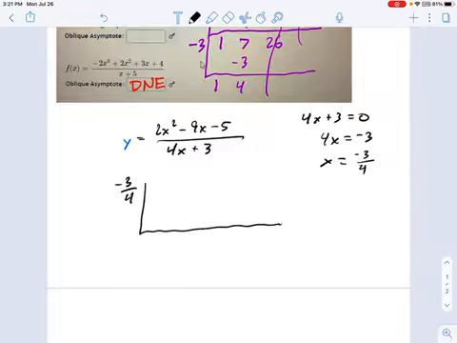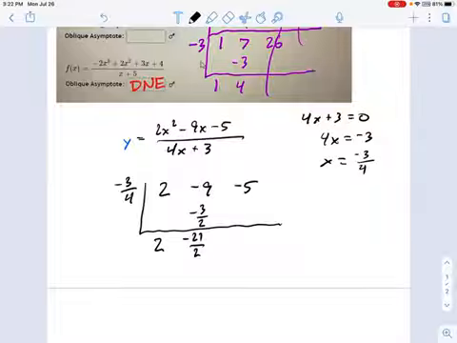And the coefficients from the top we put up here just like normal. Okay, and now we go through our synthetic division. This is negative 3 halves. Negative 3 halves minus 9, negative 21 halves. And it helps if you're good with common denominators. But if you're not, you can go ahead and write that out. See why negative 9 plus negative 3 halves is negative 21 halves. And we don't have to worry about the remainder column.